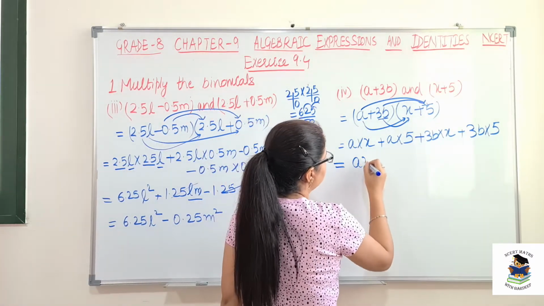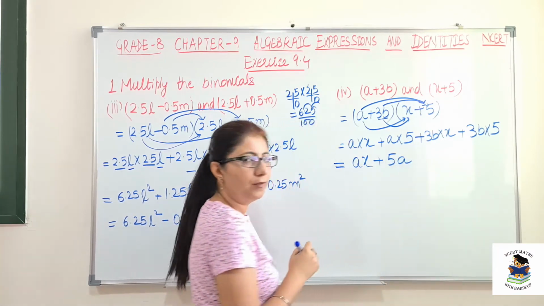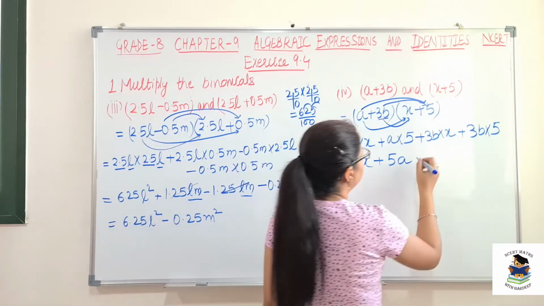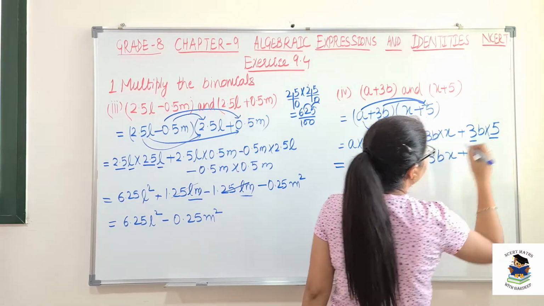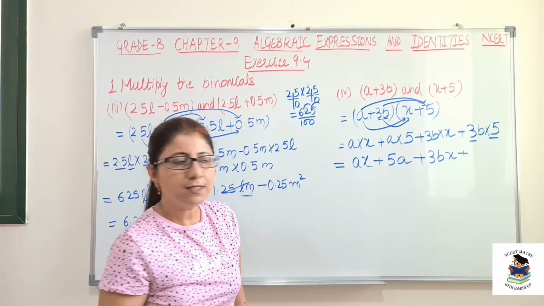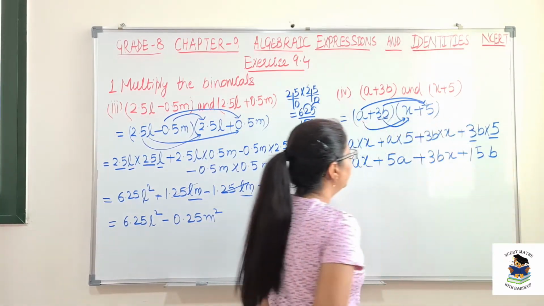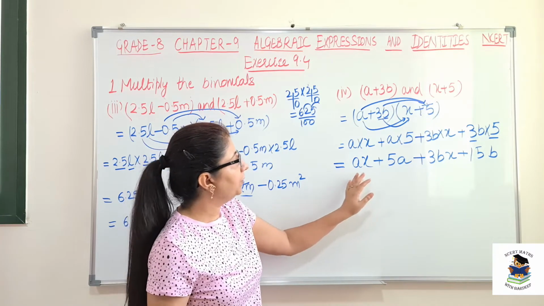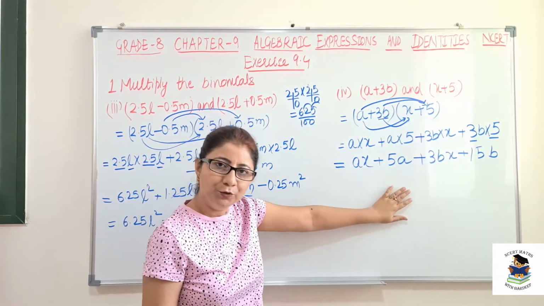A into x as ax, a into 5 as 5a, 3bx, and here we have two numbers, so we will multiply them first, that is 15b. We can check we don't have any like term, so we can stop here. Okay, so this is our solution of fourth part.